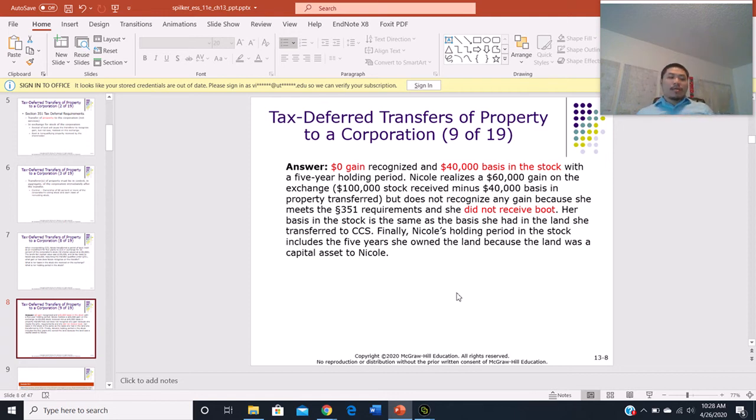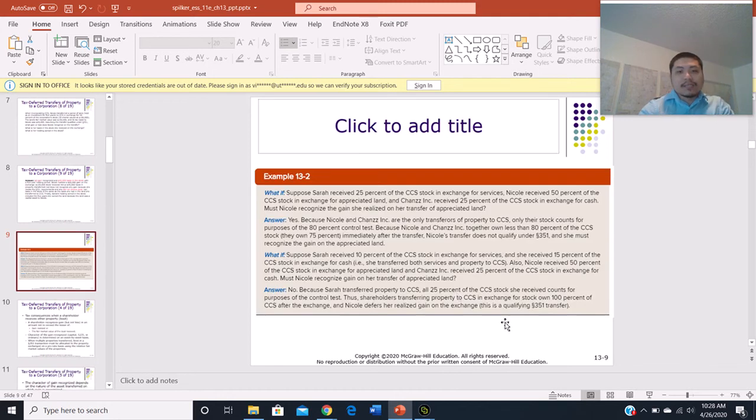All right. Let's look at the next scenario, where we have to judge whether the transaction qualifies as Section 351. Suppose Sarah received 25% of CCS in exchange for services.